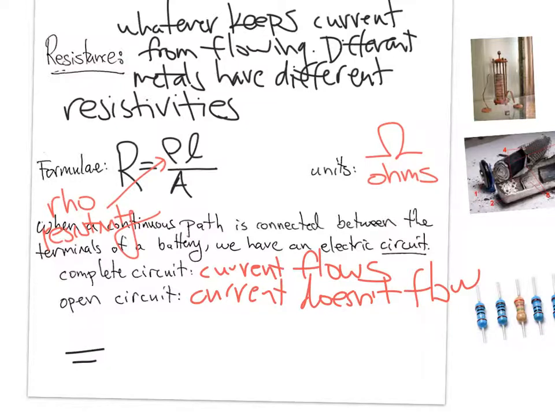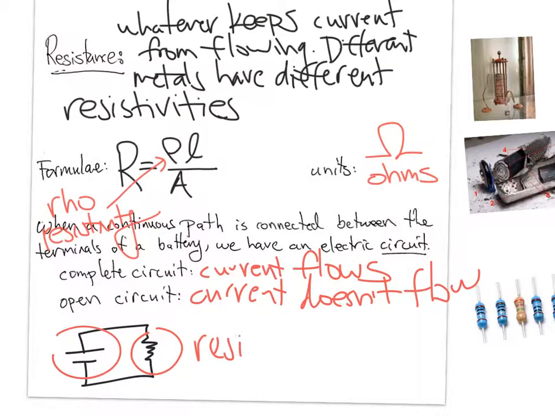So we could have something like this, and like this, and like this. So this would be the battery, and this would be the resistor, for example, a light bulb. So these are some of the first things that we work with. Resistor, aka light bulb. So we'll start with these real simple circuits.